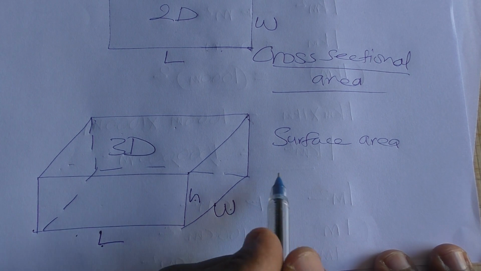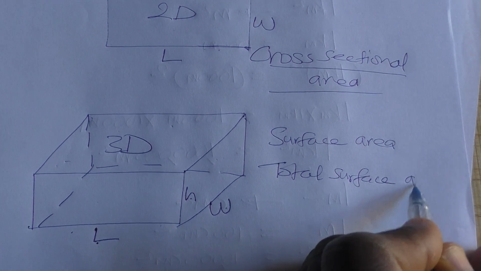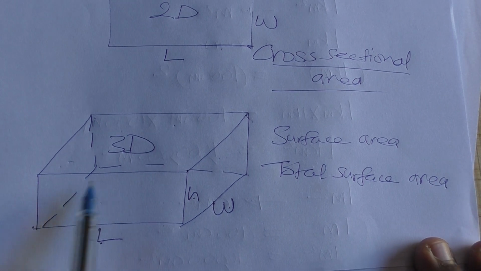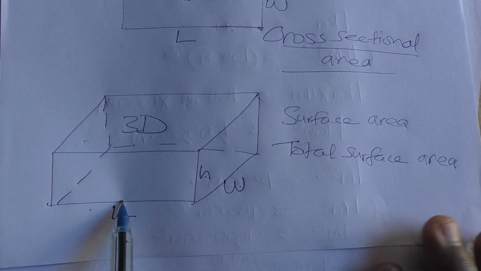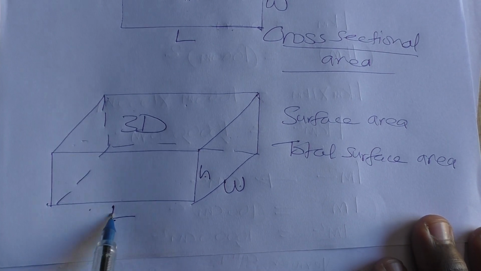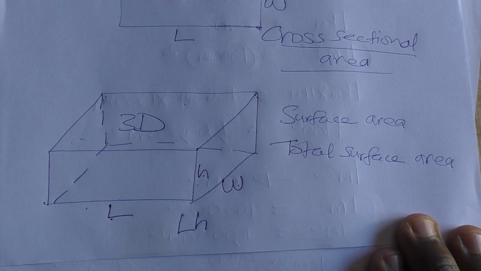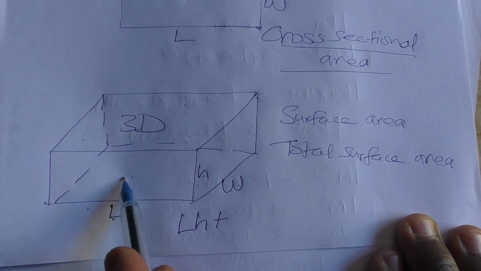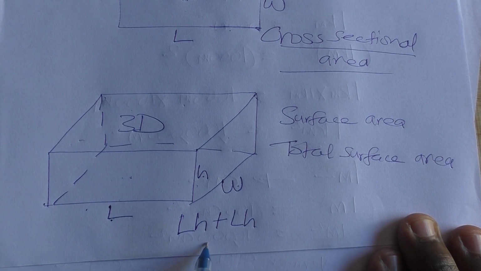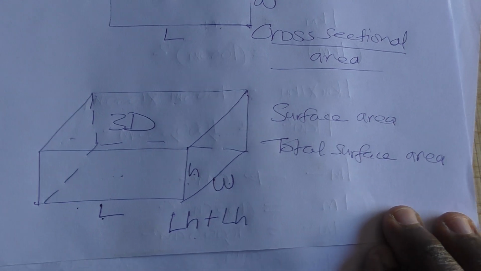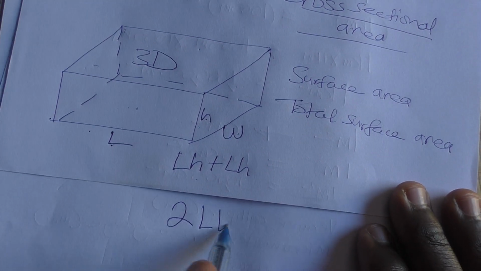Now, if we are to get the total surface area, we get the area of the 6 faces and add them. For instance, the area of this will be length times height, plus we have another opposite side face, also length times height, giving me 2 length height.